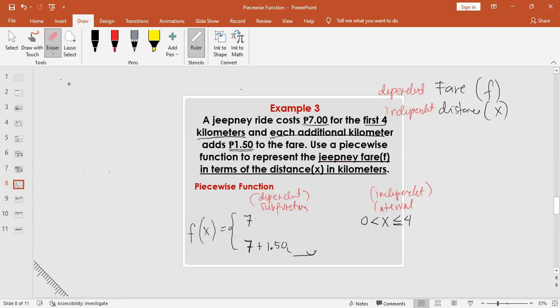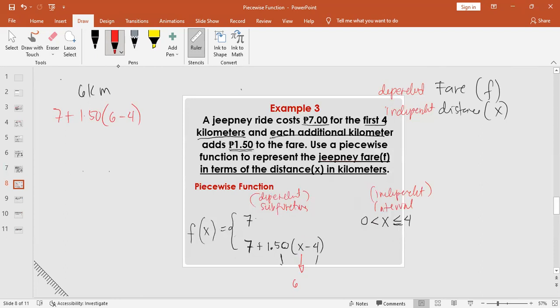Okay, so let me erase it. Okay, we will write here 1.50 times x minus 4. Ulitin ko, nagkaroon ng x minus 4 kasi ang imumultiply mo sa 1.50 ay yung sobra lang sa 4 kilometers. So let's say for example, you traveled 6 kilometers. Siyempre, yung 6 kilometers will be replaced here. So we will have 7 plus 1.50 times 6 minus 4.